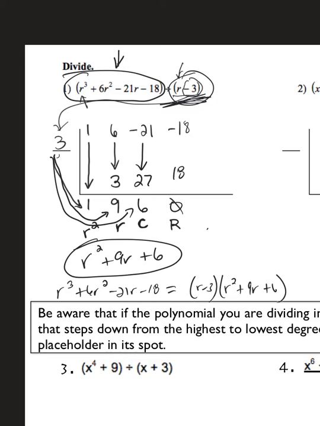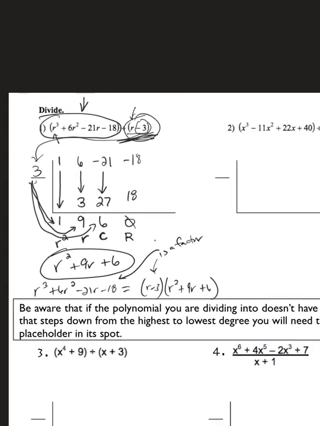I kind of factored it, really. That means r minus 3 is a factor of my original polynomial. It's kind of cool.